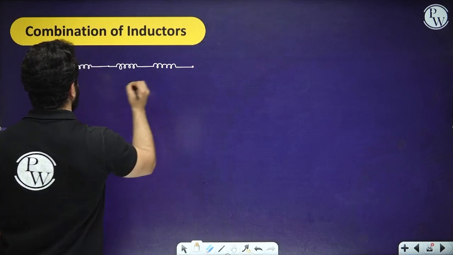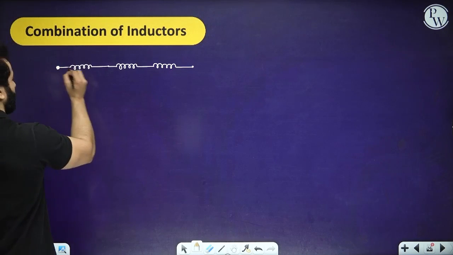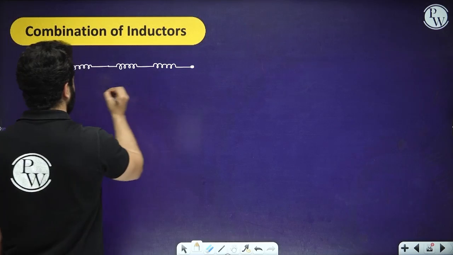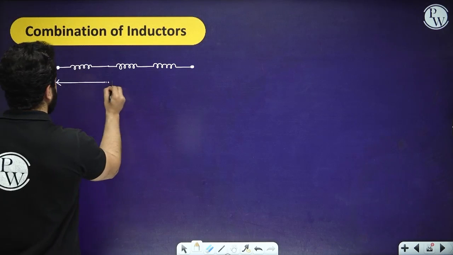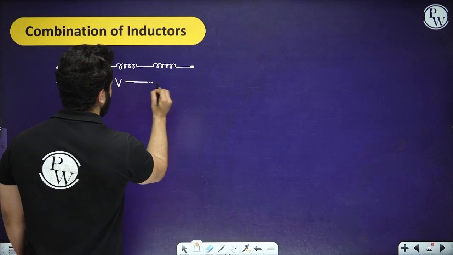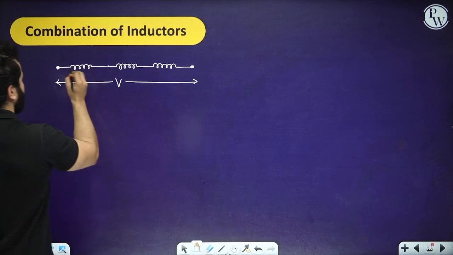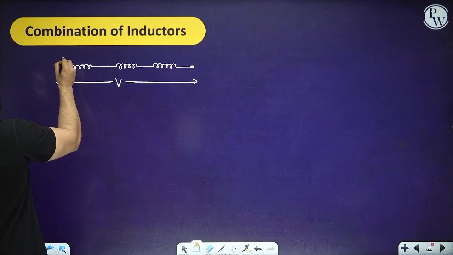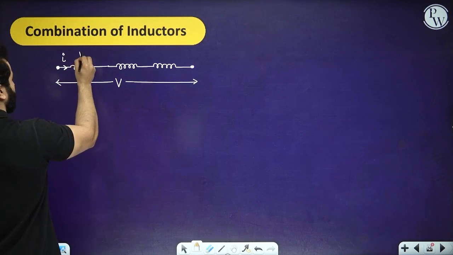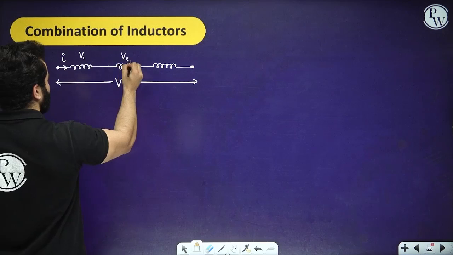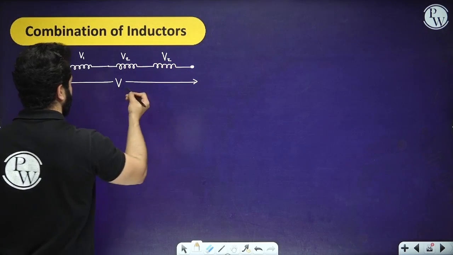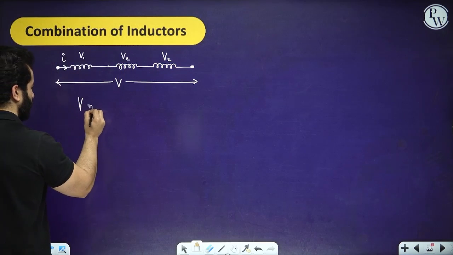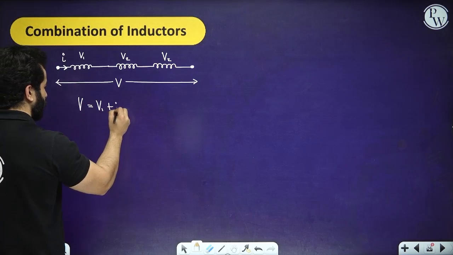And let's suppose the total potential between these two is some V. We have connected a battery and some current I is flowing. Across this one the potential is V1, across this one the potential is V2, and across this one the potential is V3. So we know that V equals V1 plus V2 plus V3.